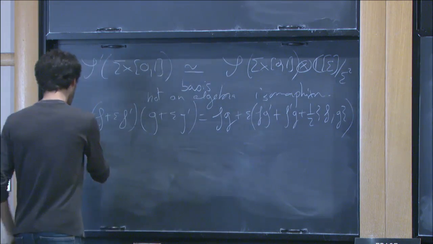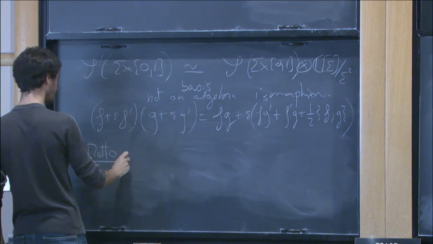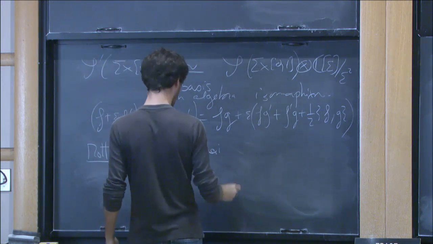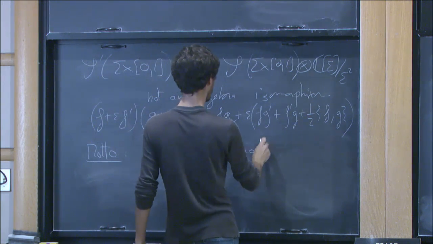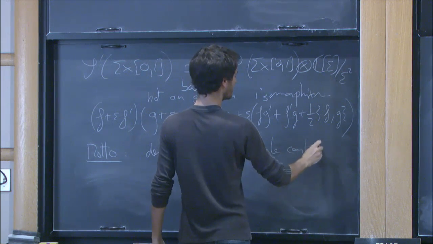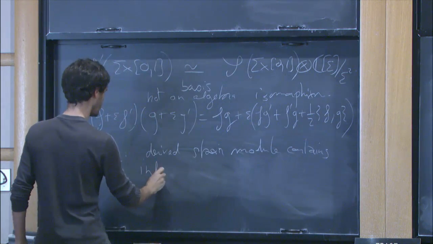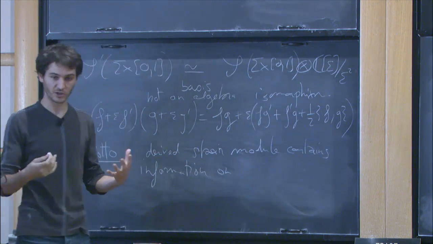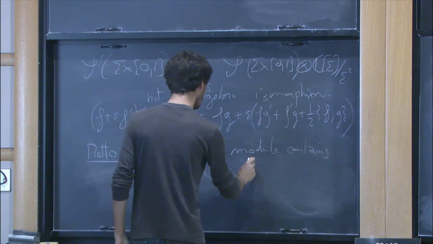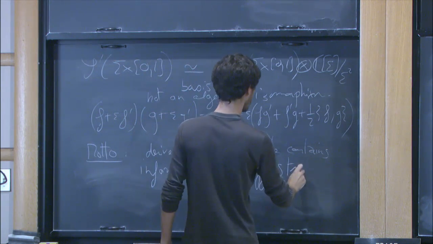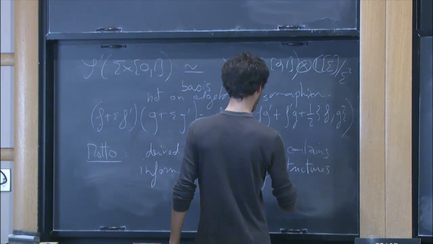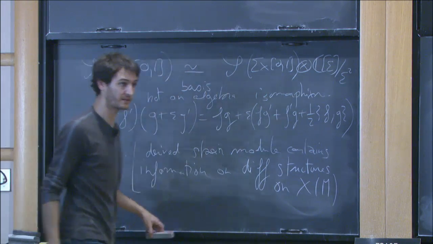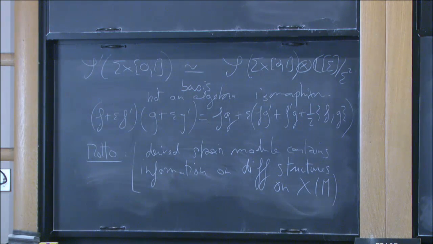But the motto here for my talk is that this derived skein module contains information on these structures, differential structures on character varieties. And this is really what I try to explain in my remaining time.